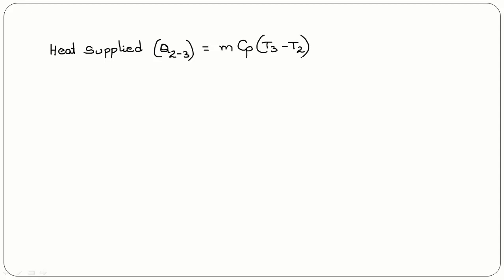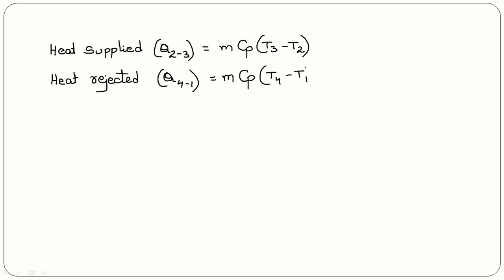So this is heat supplied. Then heat rejection also takes place during constant pressure process, that is during process 4 to 1. So here this is mCp (T4 minus T1). This is heat rejected.